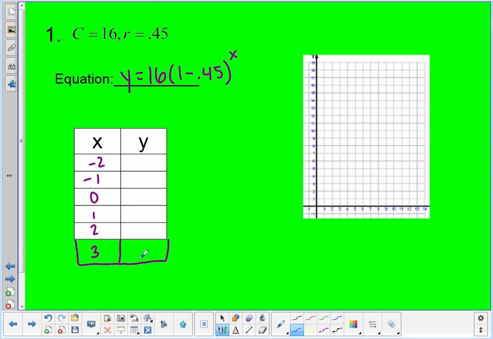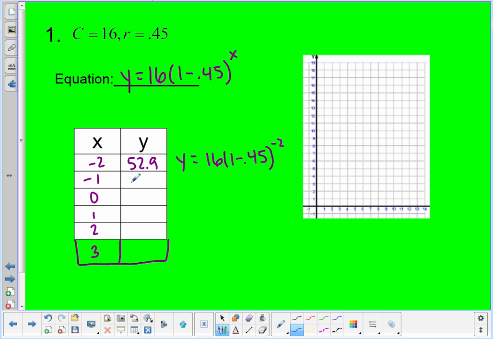So when I plug in -2, it looks like this: y equals 16 times 1 minus 0.45 raised to the -2 power. Type all that into your calculator. Be sure you use parentheses where you need them. I get a value of 52.9 there.